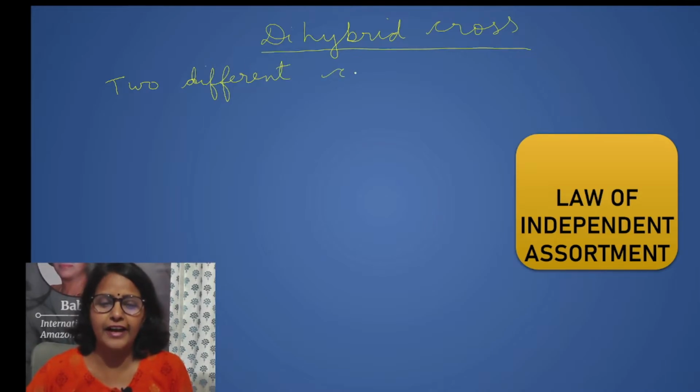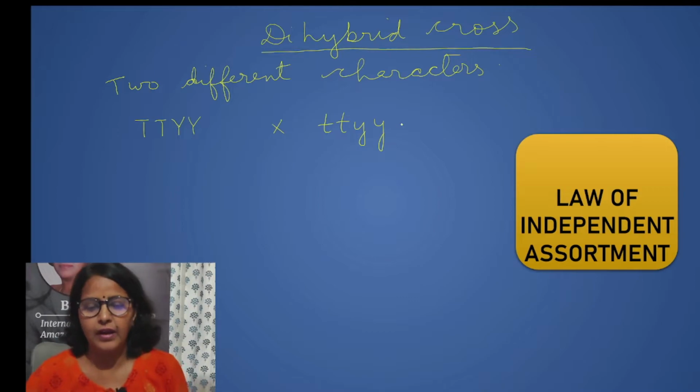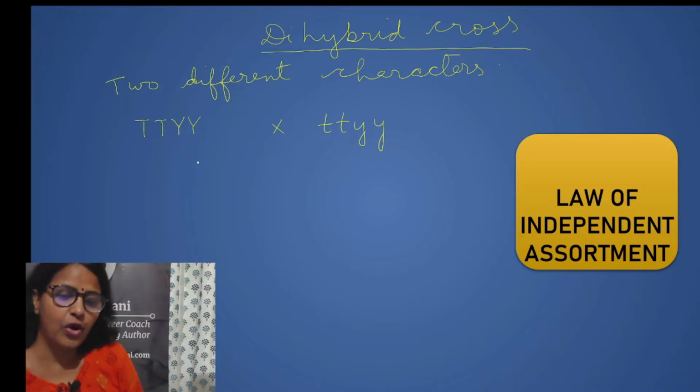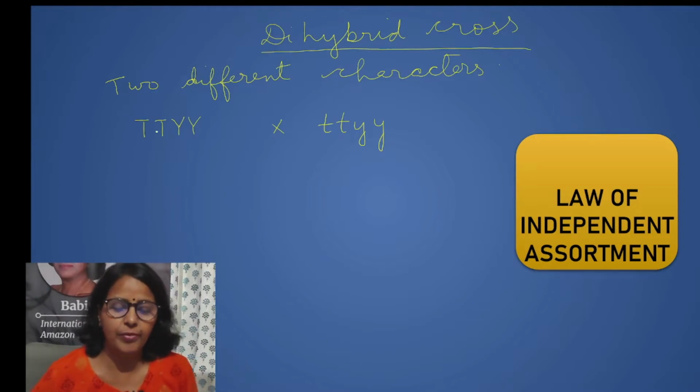Two different characters we are taking. So let us take tall and yellow, dwarf and green. Yellow seed color is dominant and tall stem height is dominant.